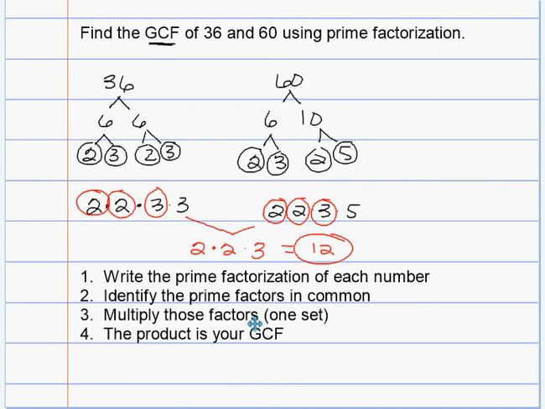So we can use this to help us reduce fractions, and we'll do that in another episode, or in a future lesson. But make sure you write this down and follow this process when it asks you to find the greatest common factor using prime factorization. Okay? We will talk about this in class.